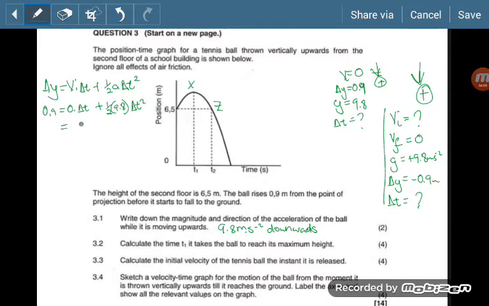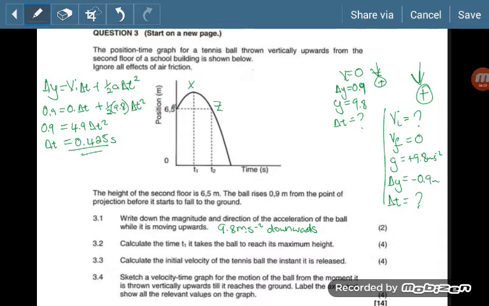If you solve this equation, you get 0.9 is equal to 4.9 times change in time squared. You divide 0.9 by 4.9 and then find the square root. You get the change in time is 0.425. So 0.425 seconds is the time it takes to move from point X to Z.